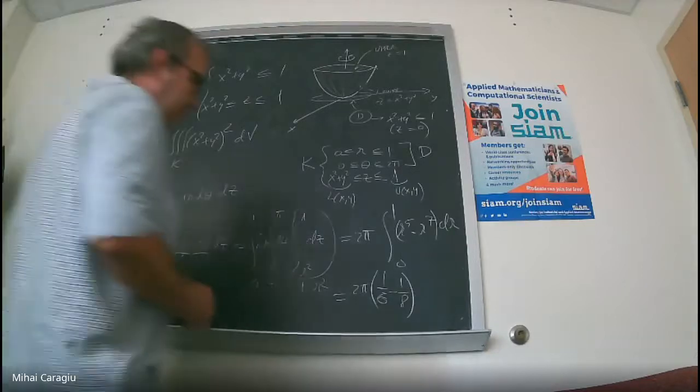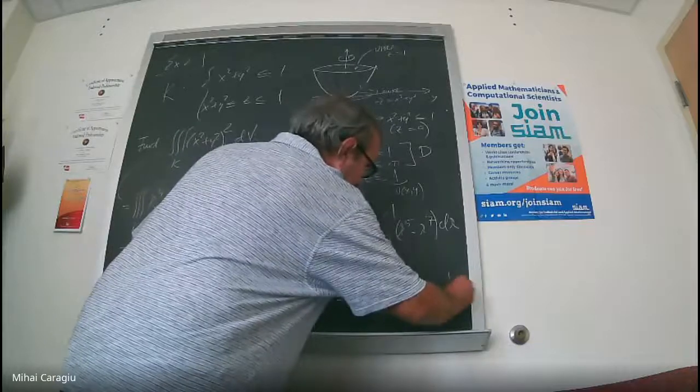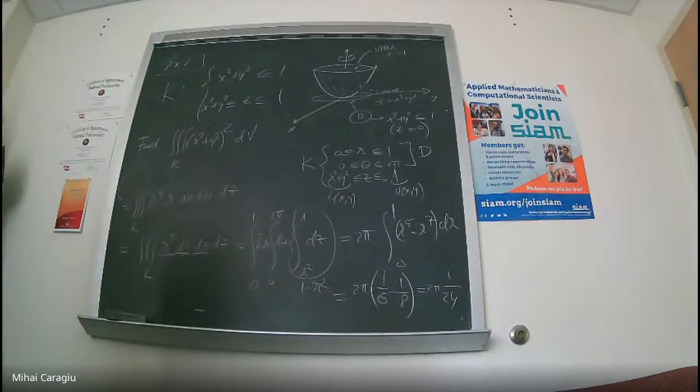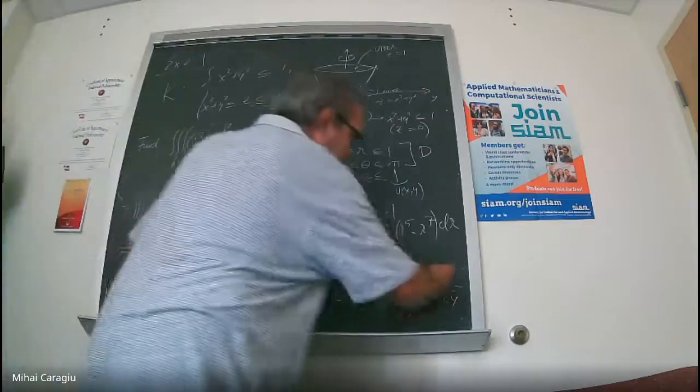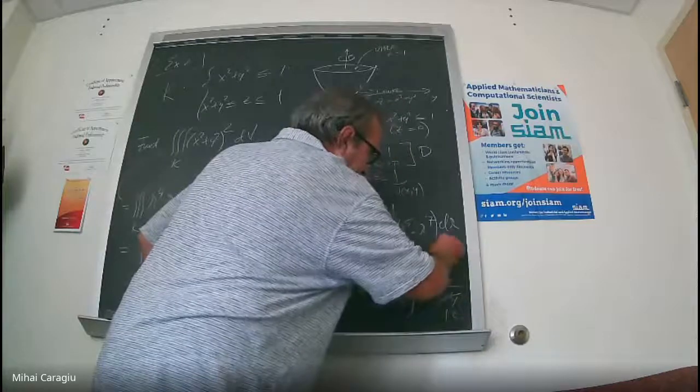So 2 pi times 1 over 24. The final result is pi over 12.